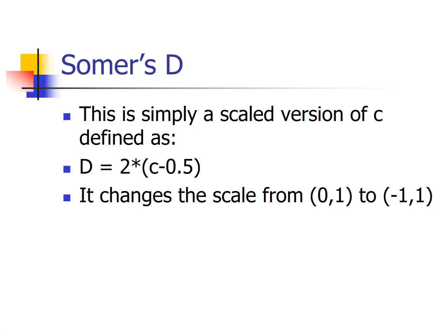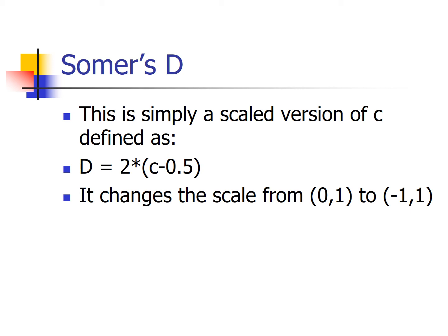Sometimes you'll see people, instead of using C, use Somers' D. Somers' D is a rescaled version of C. Somers' D is 2 times C minus 0.5.